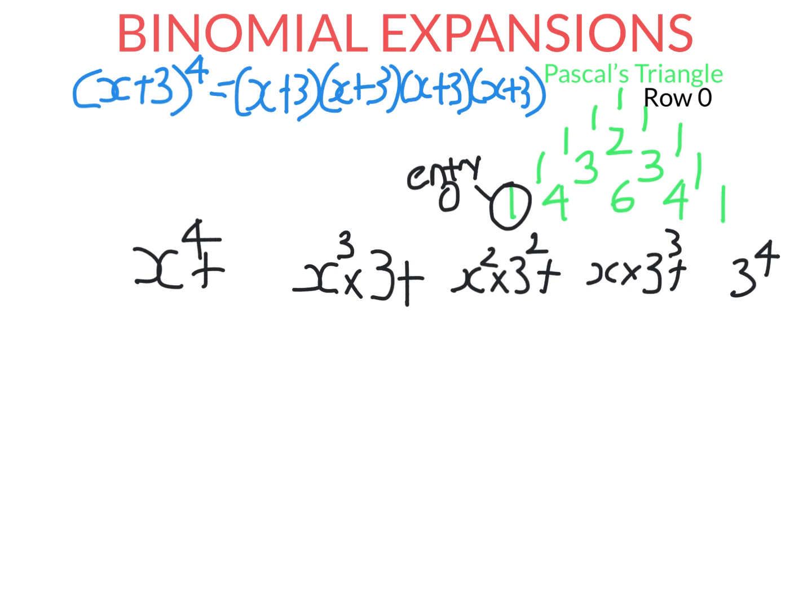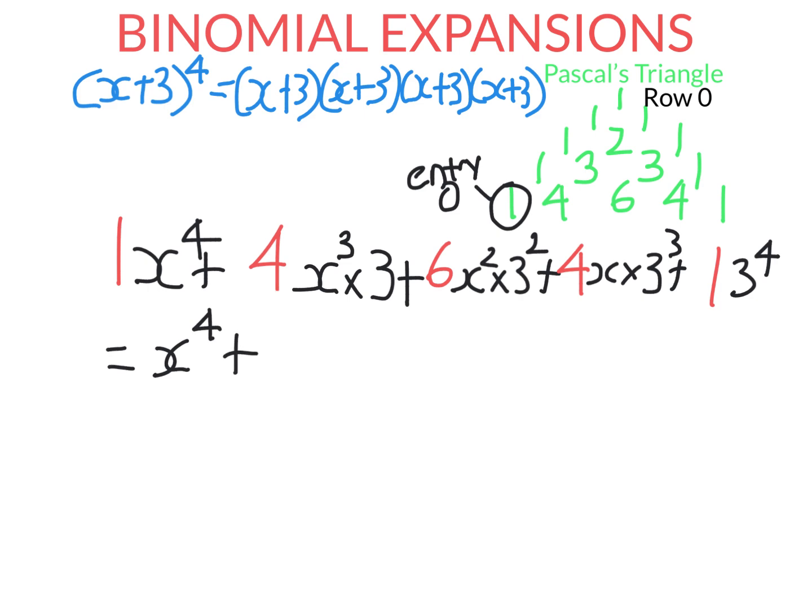So how do these numbers help? When we're expanding to the power of 4, the coefficients for each of these terms are precisely these numbers from row 4 of Pascal's triangle. So in front of them, I put 1, 4, 6, 4, 1. Now I'm just going to simplify. x to the power of 4 times 1 is just x to the power of 4.